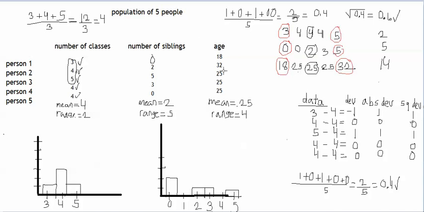We won't do it for age, but we could make a third histogram for the age column. You can see that this is showing a shape. You can see the shape by drawing a curve that outlines the bars.